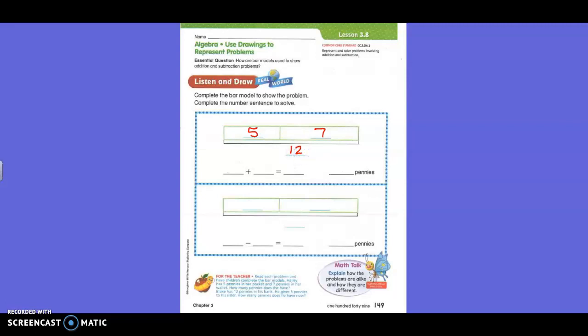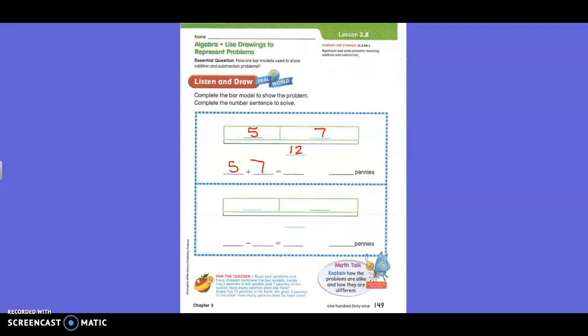Okay, now we have a number sentence down here we need to complete. Can you help me do the number sentence? What's the first addend need to be? Nina? 5. What's the second addend need to be? Grayson? 7. What does the sum need to be?